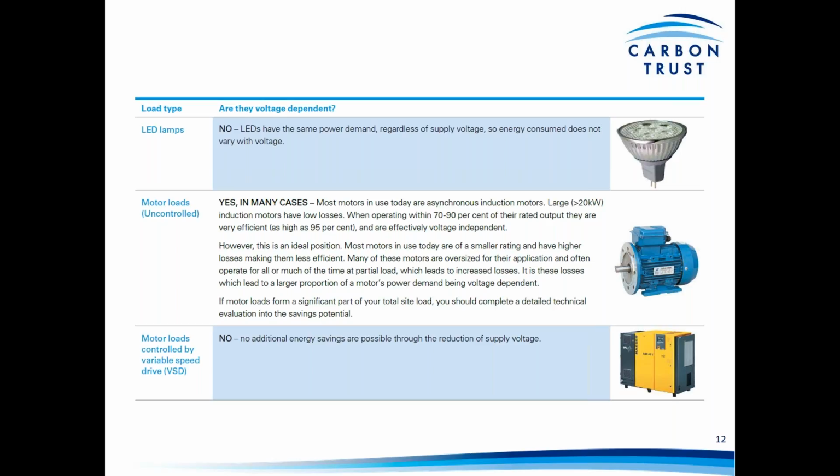Also, many motors that we tend to come across on sites are often oversized for their application, which means that they are often operating for at least some of the time at a partial load, which leads to increased losses and reduces efficiency. And it's these losses which lead to a larger proportion of the motor's power demand being voltage dependent.